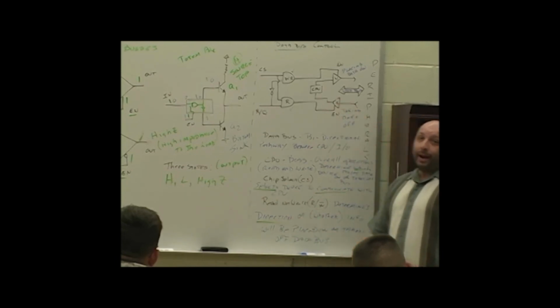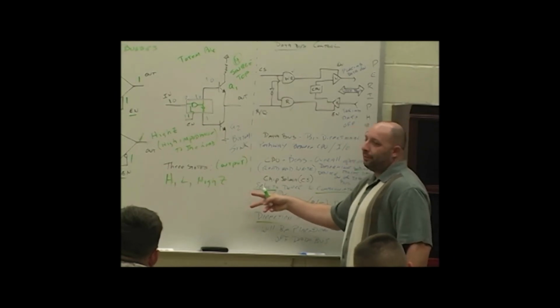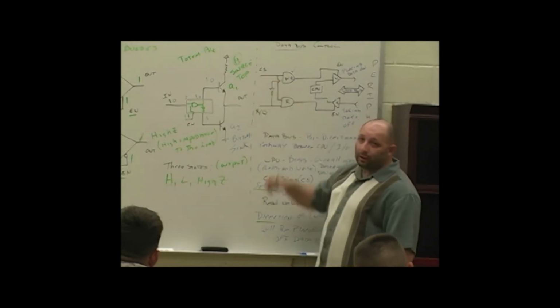Is it a read or a write operation? These two control signals are required for anything to happen, because if this one's low, nothing is going to happen. And I hope we can remember the CPU's the boss and controls the overall operation, read and write. You've got to respect the CPU. Respect it.